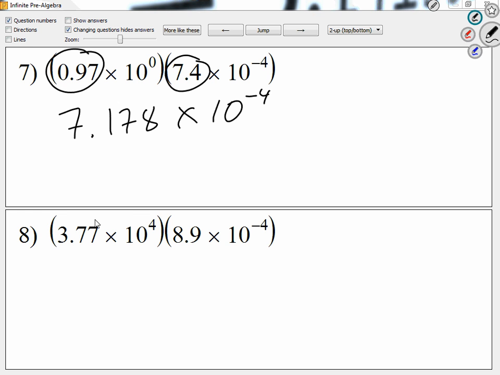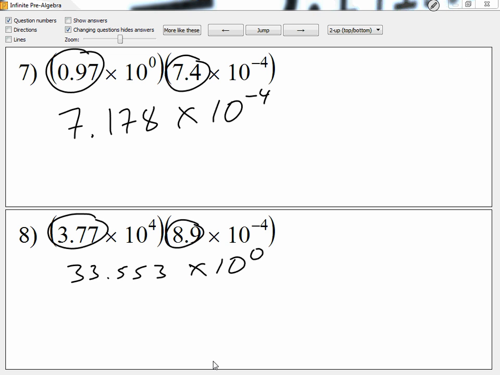Take a look at number 8. 3.77 times 8.9. 33.553. Alright. Times 10 to the what? 0. Good. Because we added the exponents. We have to fix our first number.